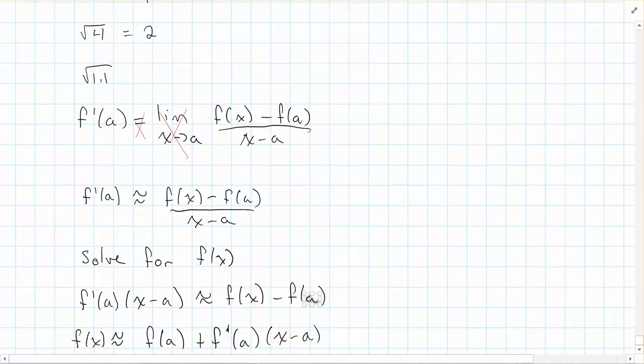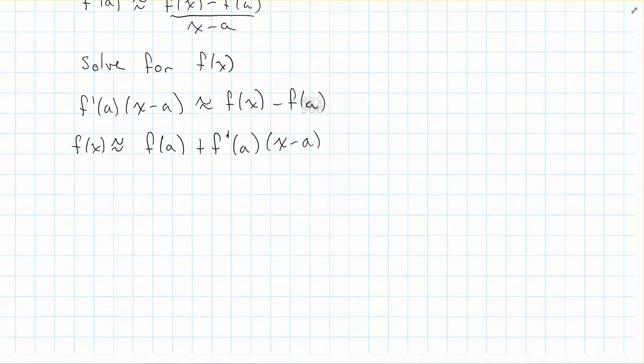And in reality, we've just done all of the work, and we've actually come up with the linear approximation. This right here is our linear approximation.